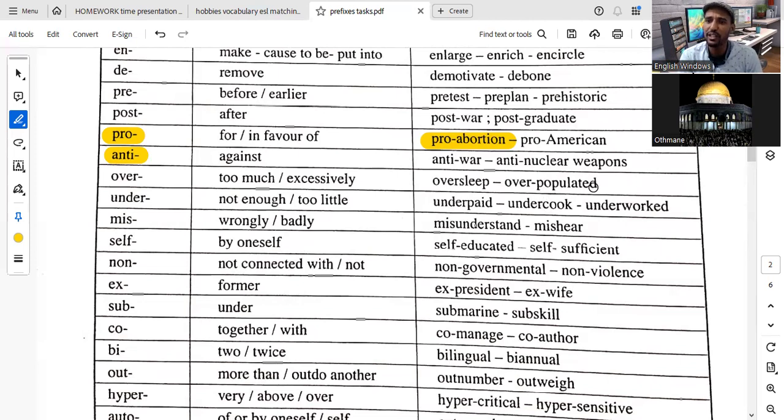Overpopulated means the population in a certain country, for instance, is very, very high. China, for instance, we would say, is an overpopulated country, a country with a population density higher than necessary.